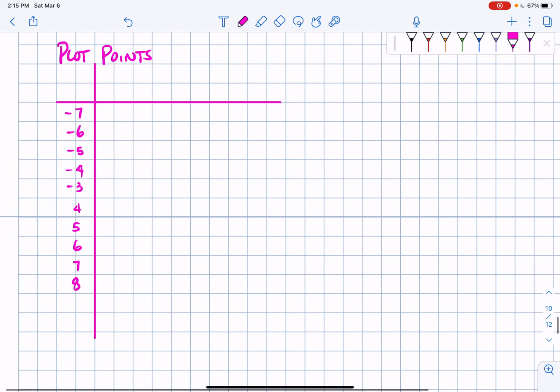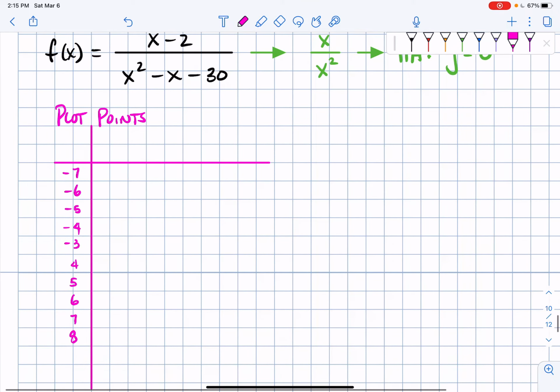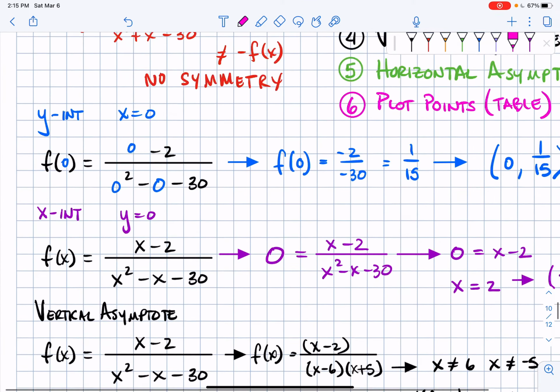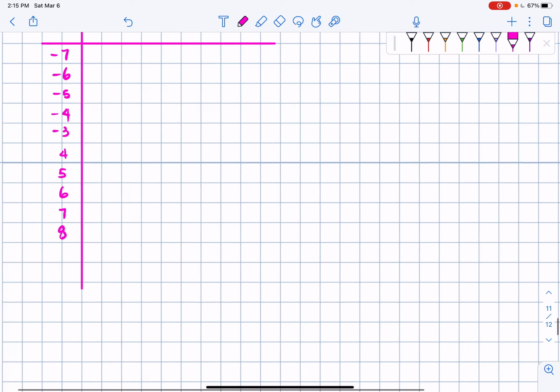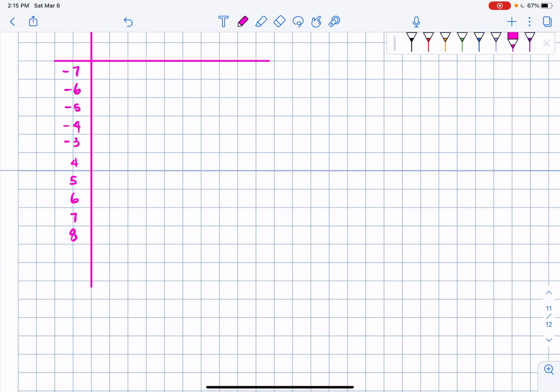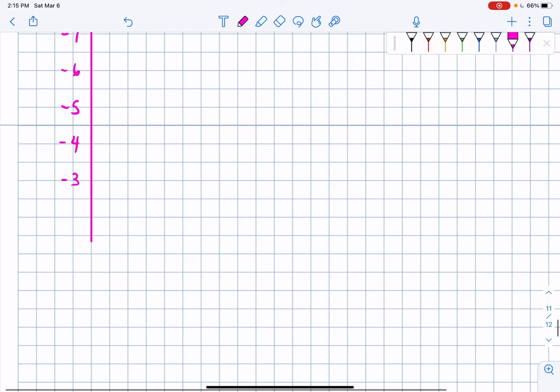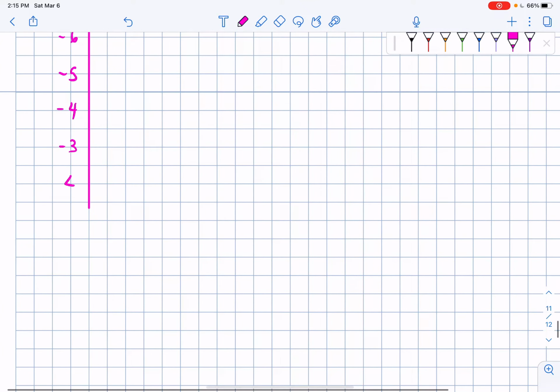Okay, so what I want to do now is to plug these in. Actually, you know what? Let me see. Whoa, this is going to go into 2 pages. All right, so I probably should spread these out. So I got negative 7, negative 6, negative 5, negative 4, negative 3, and then this was 6. So 4, 5, 6, 7, and 8.